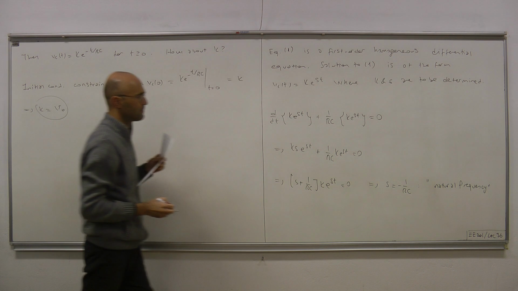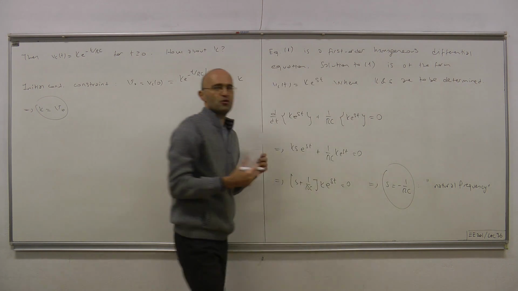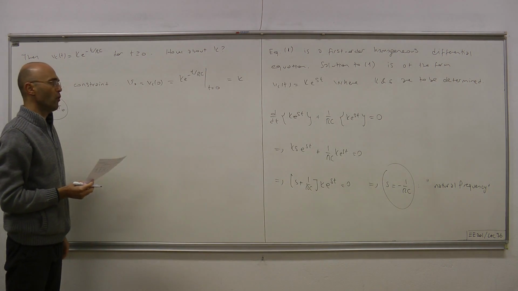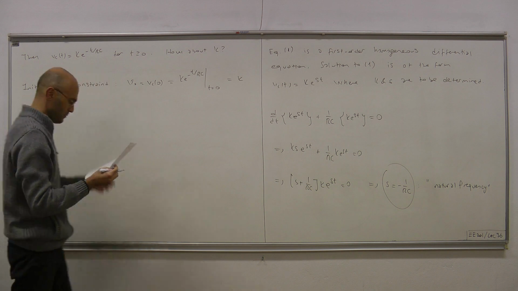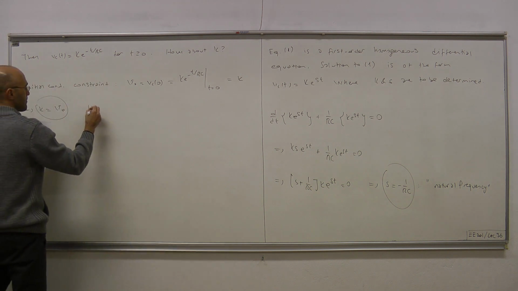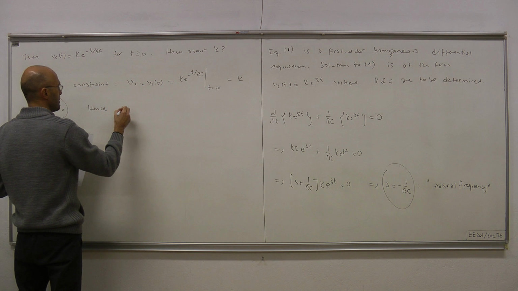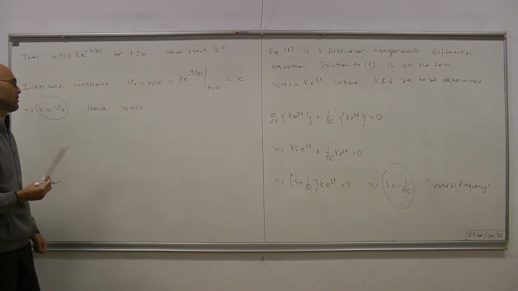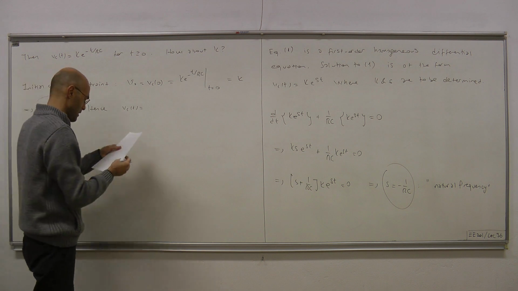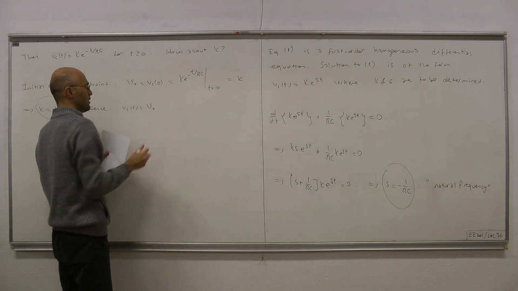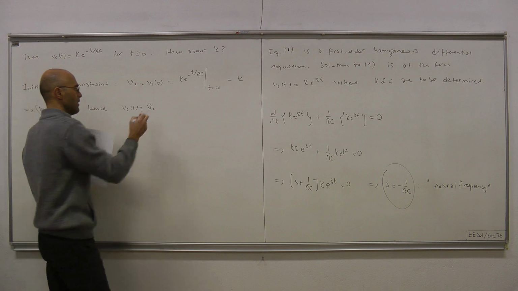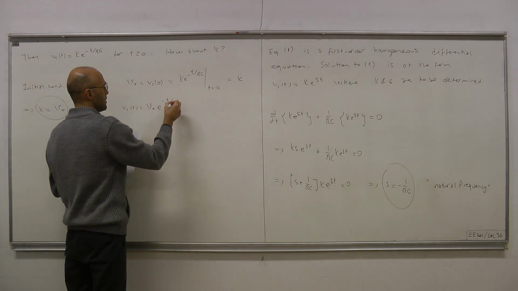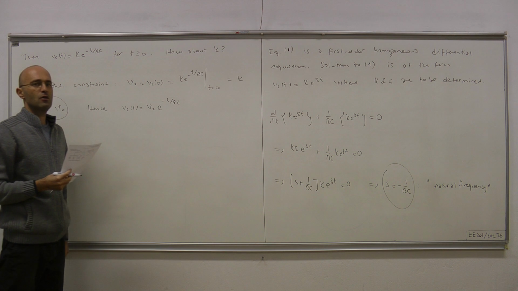So K is determined. S is determined. Therefore, everything is now known regarding the capacitor voltage. Hence, we can write VC(t), the solution of the capacitor voltage for all future times, t greater than or equal to 0, as the initial capacitor voltage V0 multiplied by e to the minus t over RC.